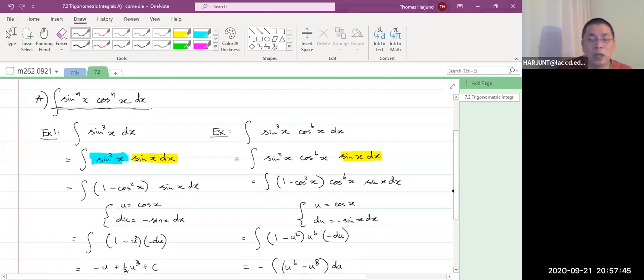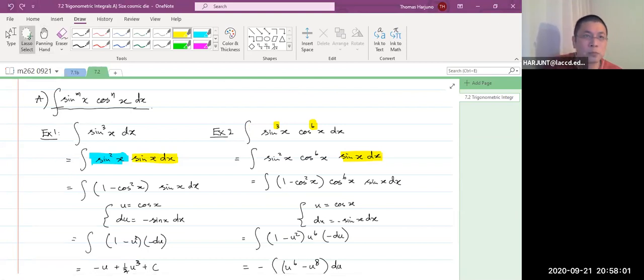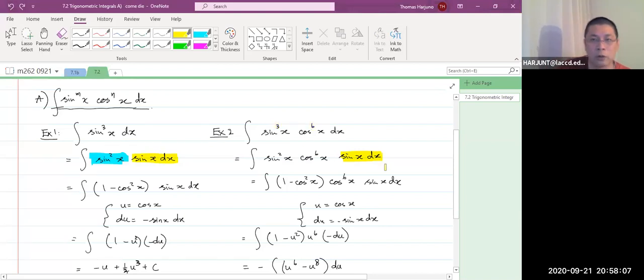Okay, now notice that this work here in example 2 does not really change even when the cosine has odd exponent. So if you have both of them odd, then you can pull either one of them. But what you need is actually only one odd exponent. We just need one odd exponent to pull out to help us with the substitution later on.